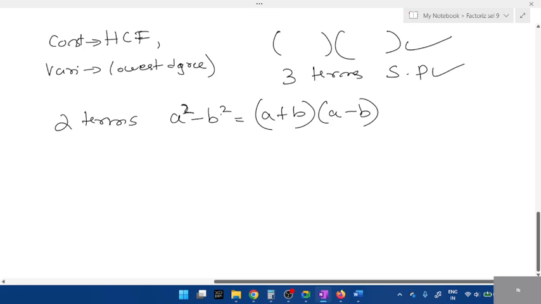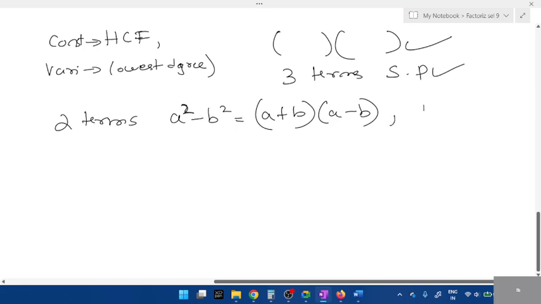Okay. a square minus b square is a plus b into a minus b. Next question. How do you solve a square minus b square? For this, you should know the square and square root concept.